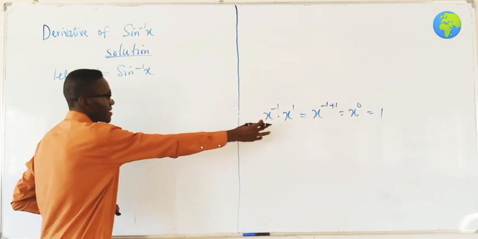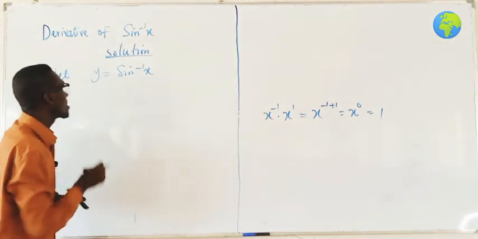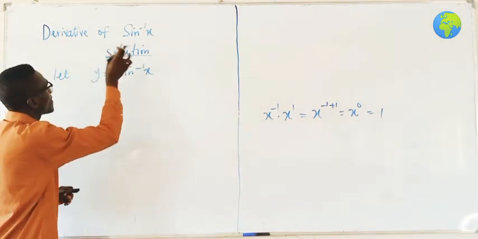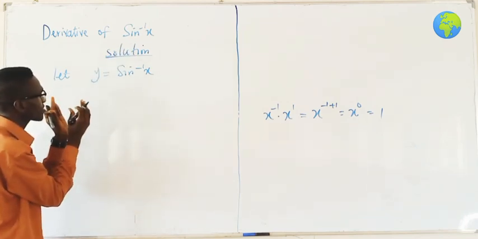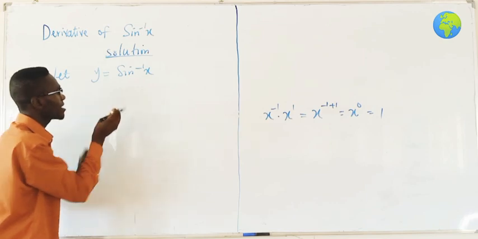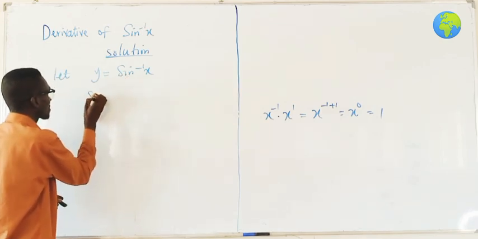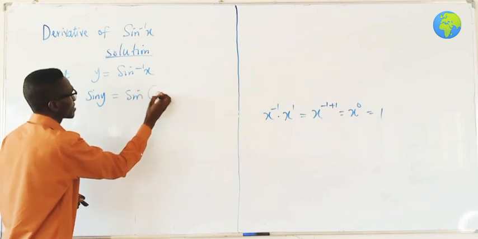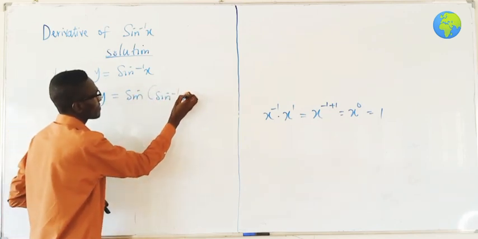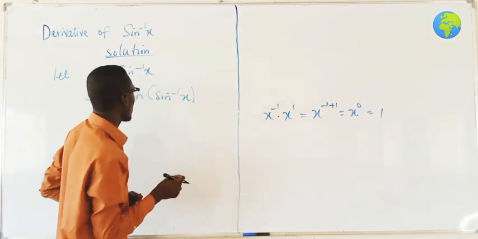The reason I brought this up is I want to explain something here. Since we've defined our function sine inverse of x to be y, the next thing is to take the sine of both sides, such that sine y equals sine of sine inverse of x. Now take a look at this.